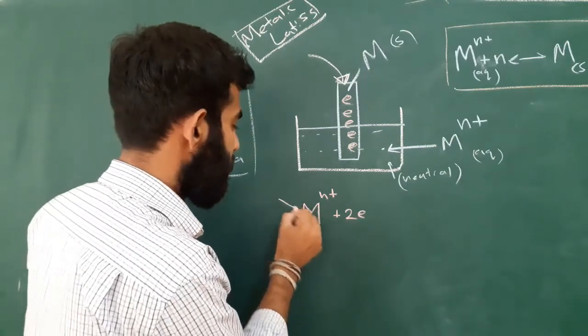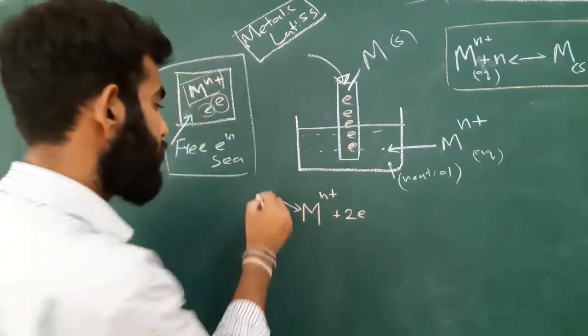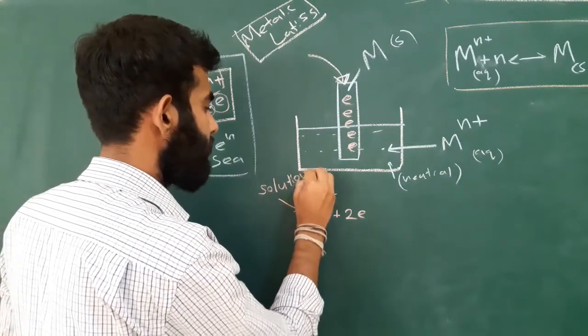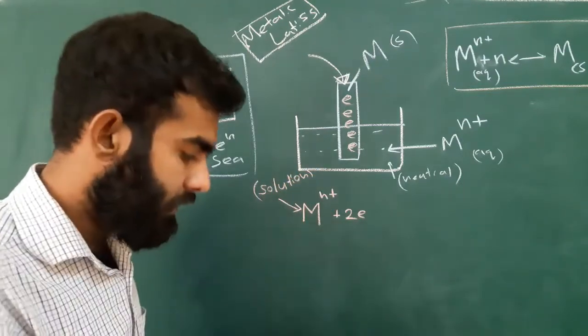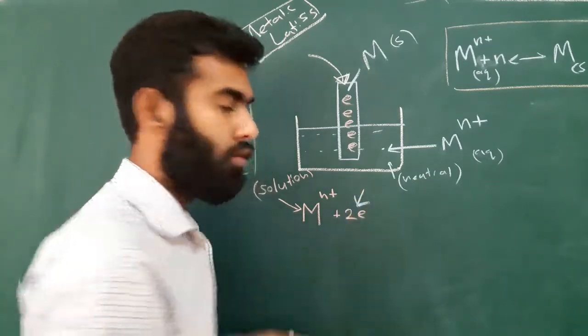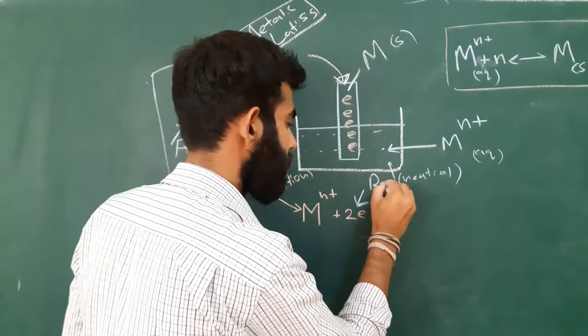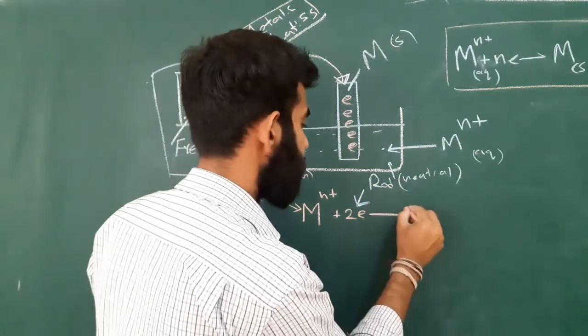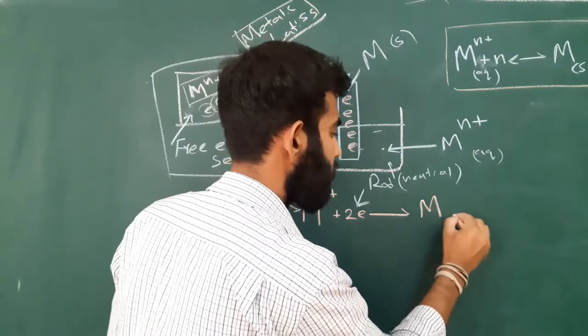Because of that, the metal ions that come from the solution will form a bond with electrons from the rod, and it will form M solid.